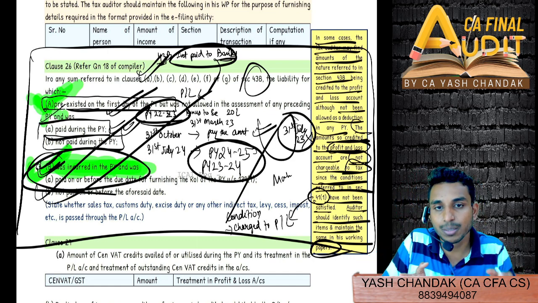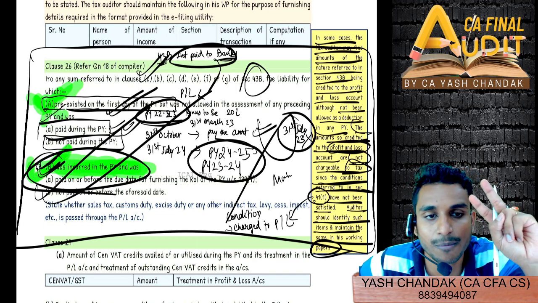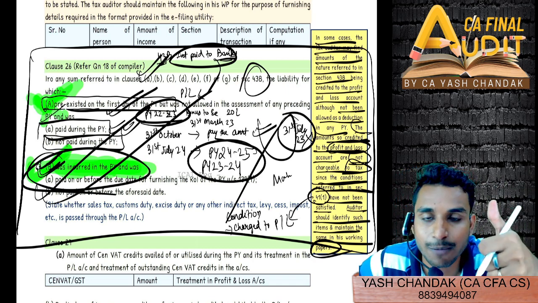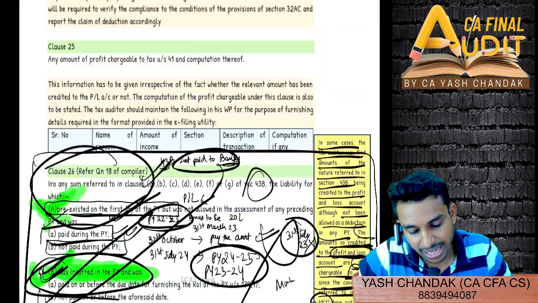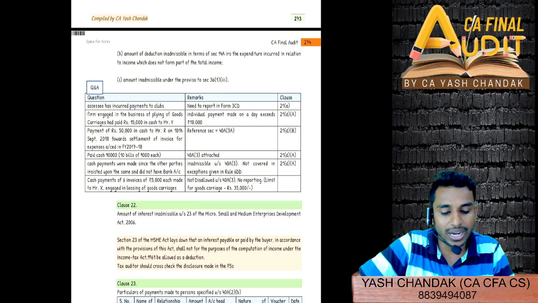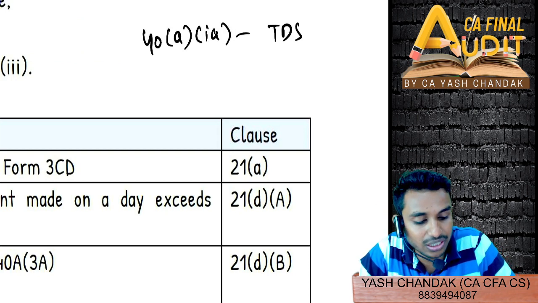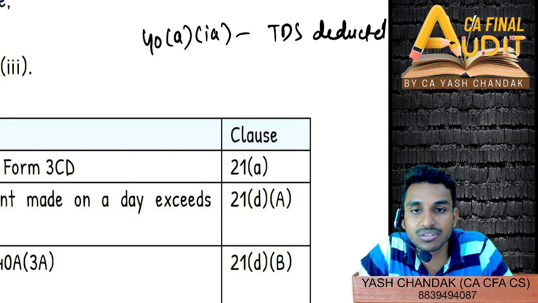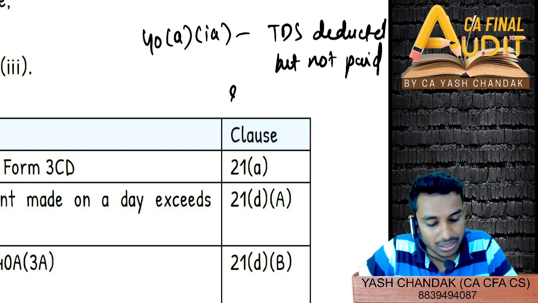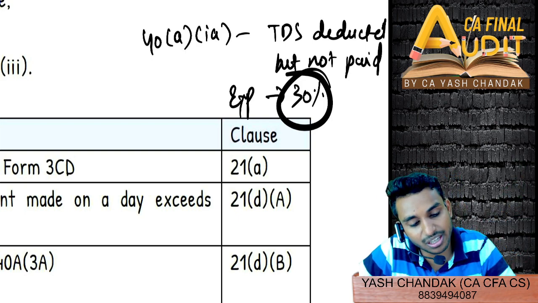To amend this reporting, the Income Tax Department has allowed us to amend our tax audit report only on account of two cases with respect to provisions. Of course there are other cases which we'll study later, but on account of two cases: one is section 43B, which is clause 26, and the other is section 40(a)(ia) and 40(a)(ib). In 40(a)(ia), TDS is deducted on the expense but not paid, then 30% of the expense will be disallowed and will be allowed in the year of TDS payment.